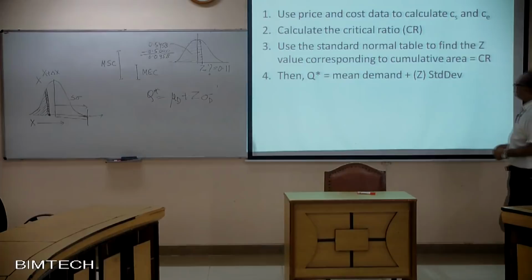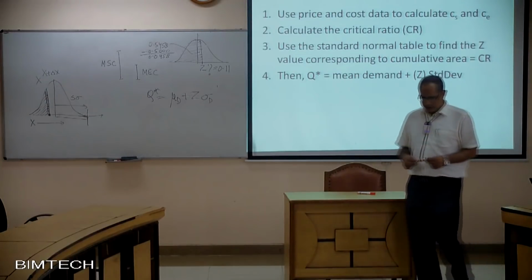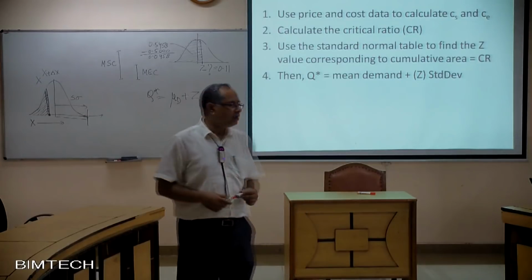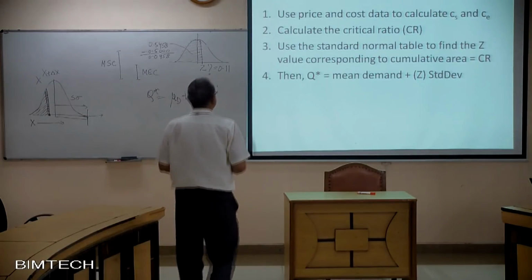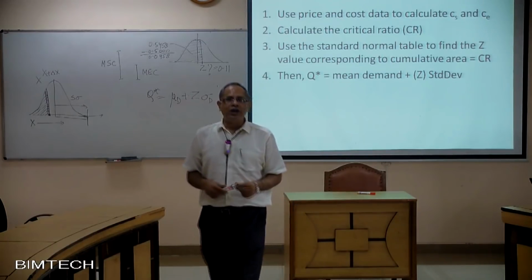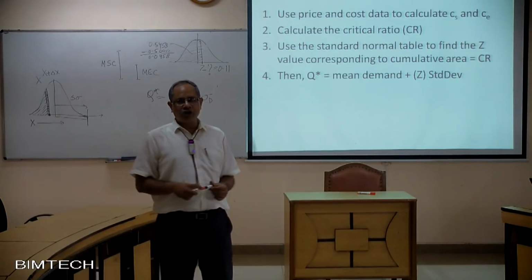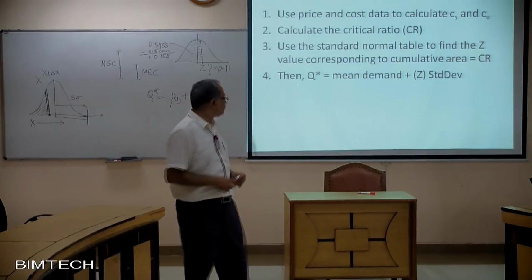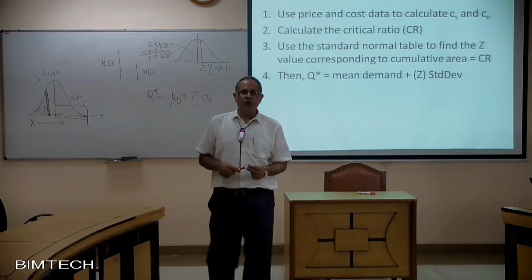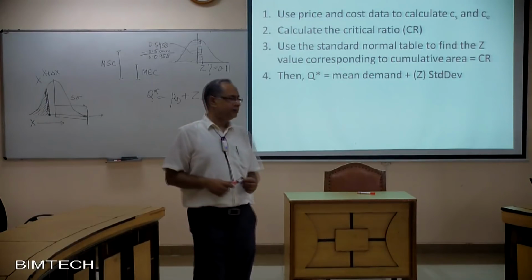Okay, so just to summarize, how do we calculate or determine our order quantity? Very simple. We use our unit price and cost data to calculate the excess cost and shortage cost. We use the excess cost and shortage cost to calculate the critical ratio.